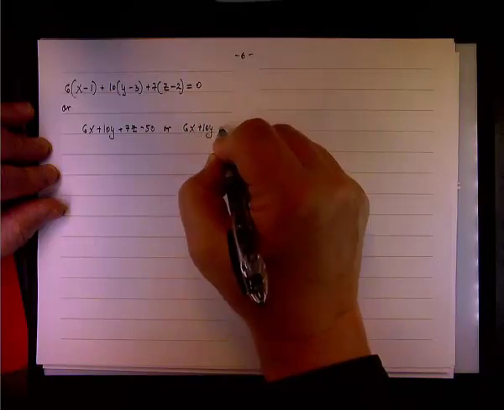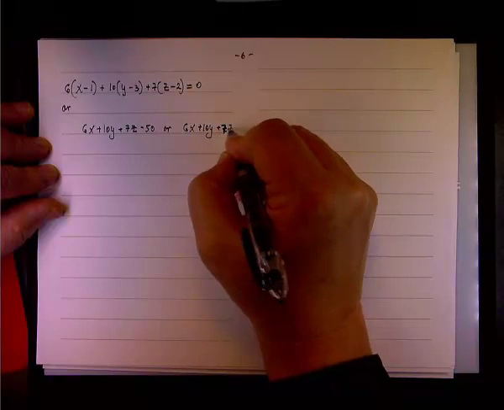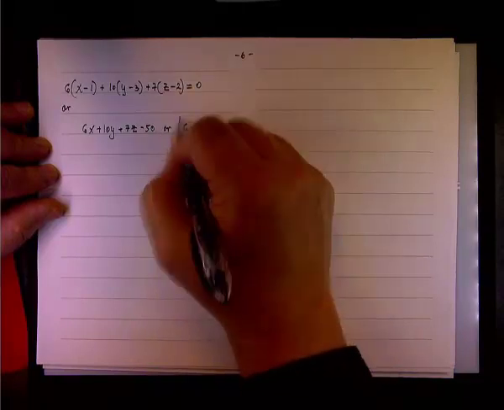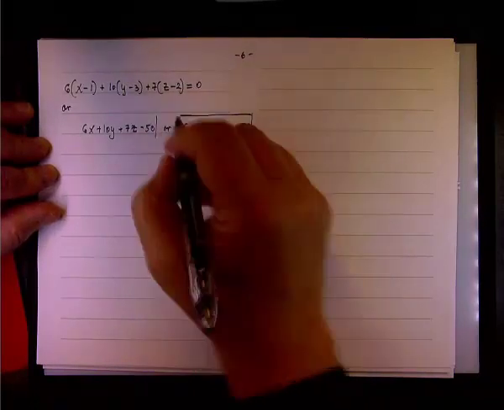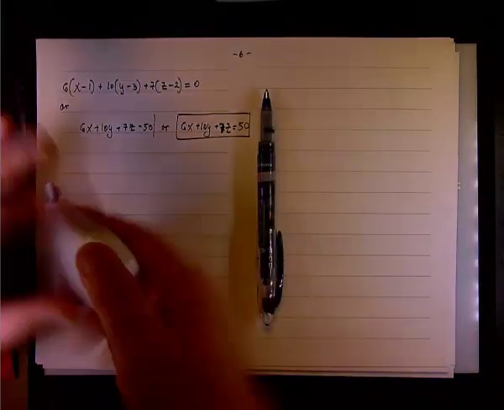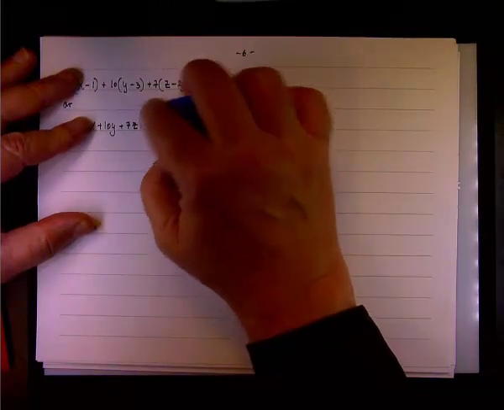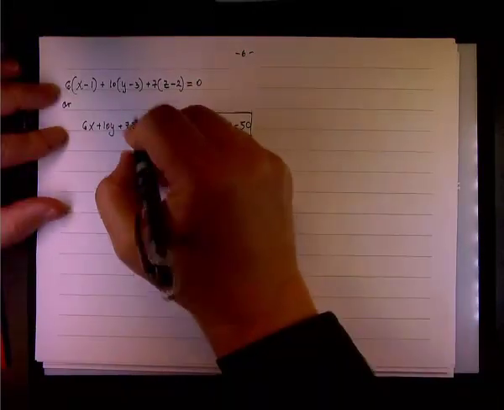Okay, and all of it equal to 0, and now we can change that into a linear equation. So we have 6x plus 10y plus 7z, and we have negative 6 minus 30, so minus 36, minus 14, so minus 50 equals 0.